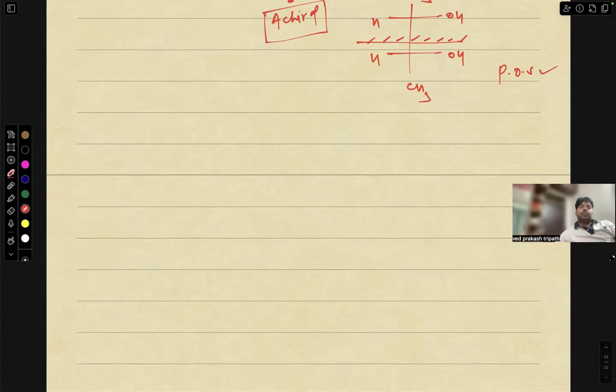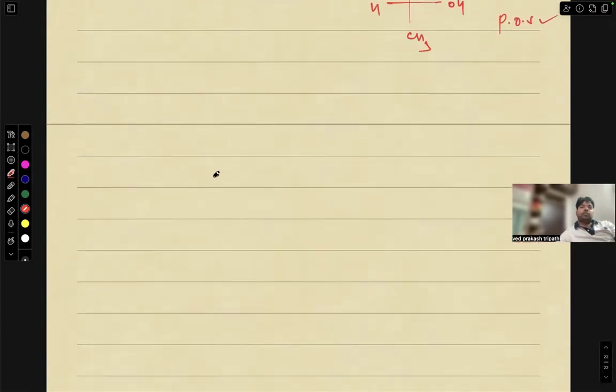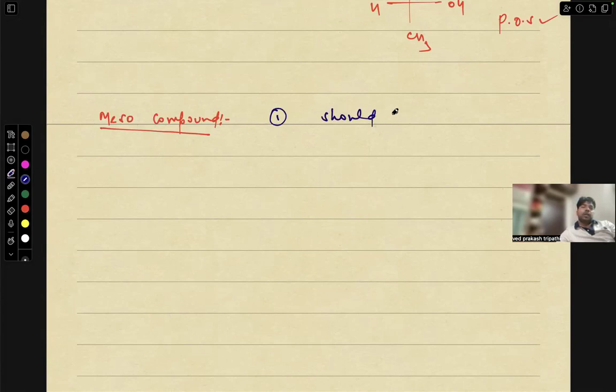Now the next is meso compound. Meso compound. For a meso compound, we have two conditions. Condition one: it should have at least two chiral centers.